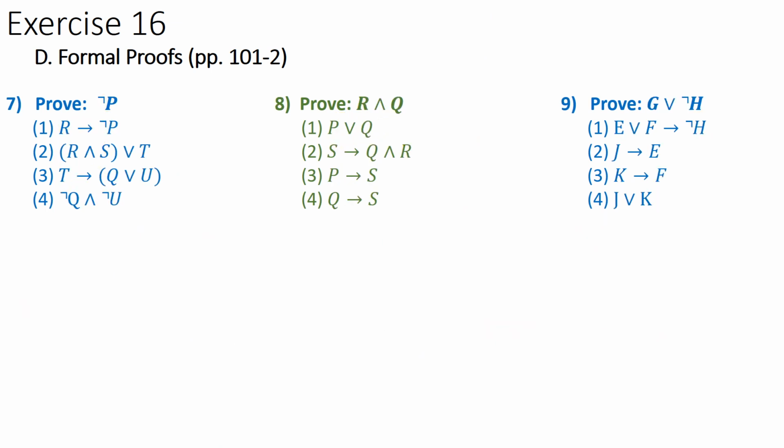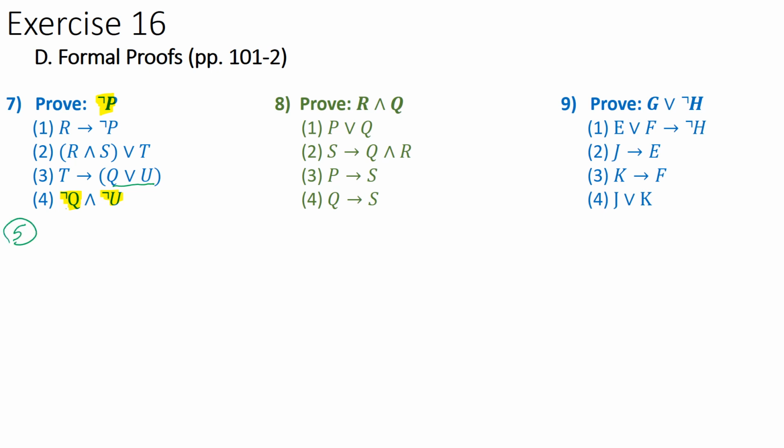For number 7, we want to prove not P. We're given 4 premises to work with. We have a conditional, a disjunction, a conditional, and a conjunction. Let's see if we can work with that conjunction. We have this not Q and not U. Well, that looks very similar to this statement here, Q or U. For line 5, then, we should try De Morgan.